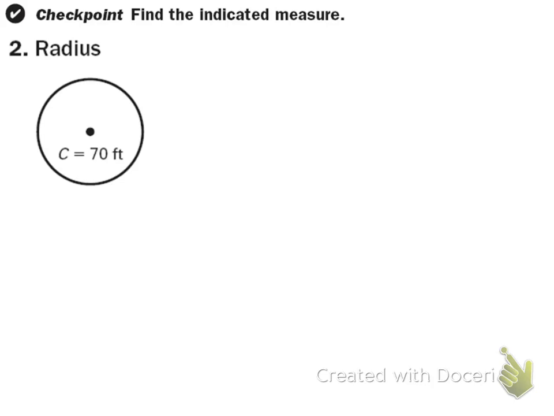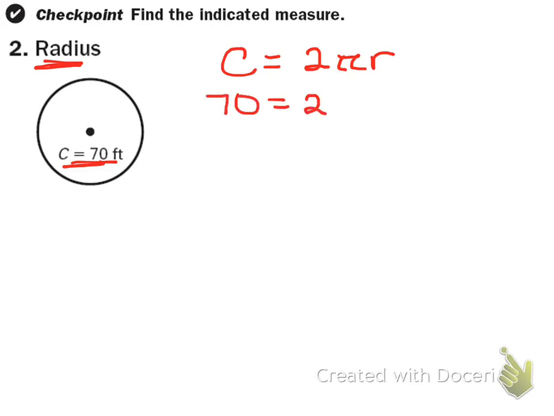I'm hoping that you had paused this video and given it a try yourself, and I'm hoping that you realize since you were given the circumference and asked to find the radius, that you chose to use the formula circumference is equal to 2 times pi times the radius. The circumference is 70 feet, and what you want is the radius.